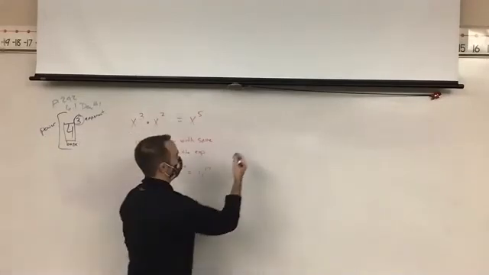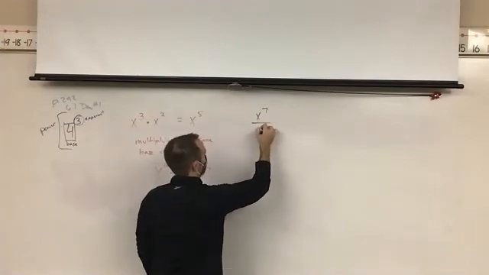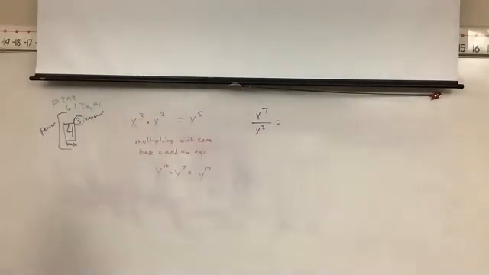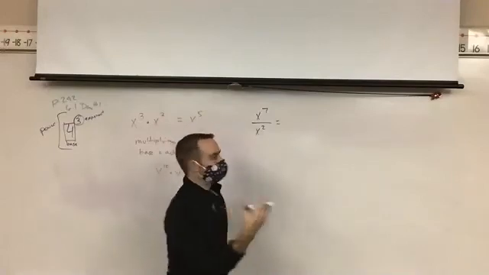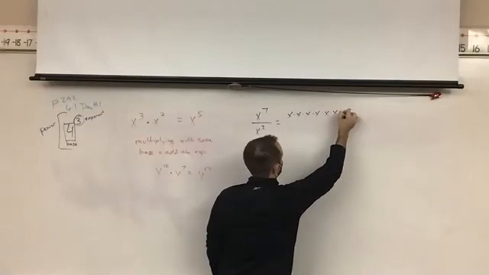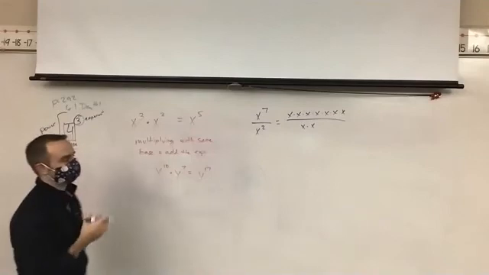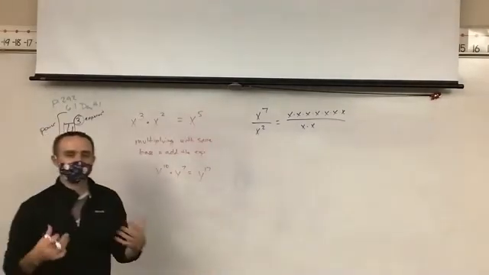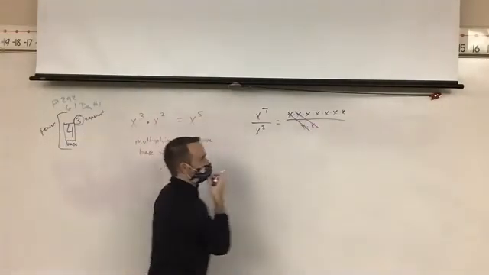Okay, next one that I have, let's say I have x to the 7th divided by x squared. Well, if we think about what this represents, this is 7 x's up here, and this is 2 x's down here. And we know if we're multiplying something on top and bottom, they cancel each other out. So what's going to happen is those are going to cancel.